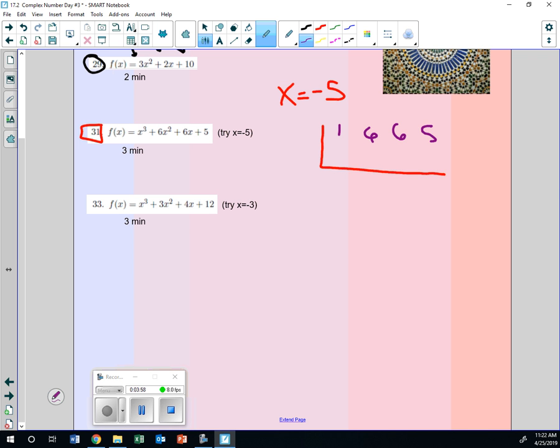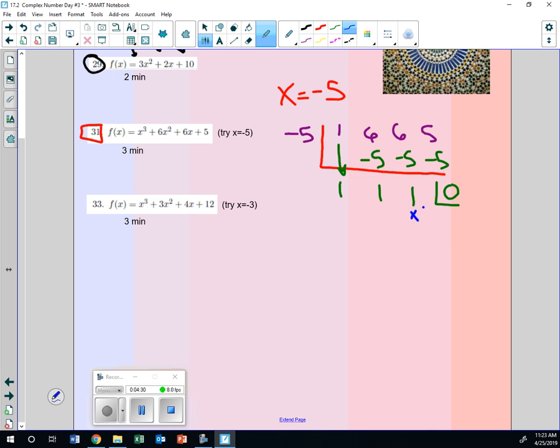Since these are all coefficients, I'm going to put the root right there. Now, we drop the 1, multiply by negative 5, add these up, multiply by negative 5, add these up, multiply by negative 5, and lo and behold, we get 0. When that happens, you know that it factored out, that it's actually a root.